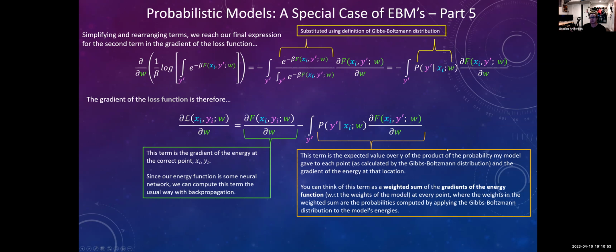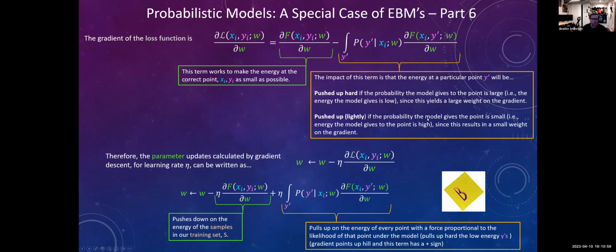So let's take a look at what happens when you actually use this gradient to update your parameters. And so this part is worth pausing and really thinking about for a minute, because this is exactly why Yann LeCun says maximum likelihood sucks. So we're going to have to remember the gradient points uphill.